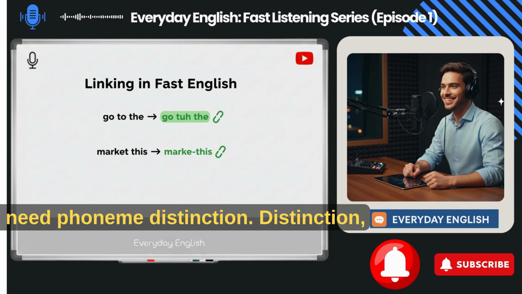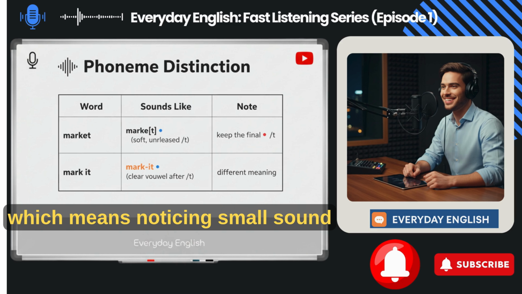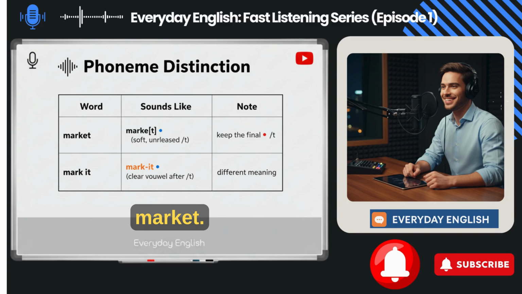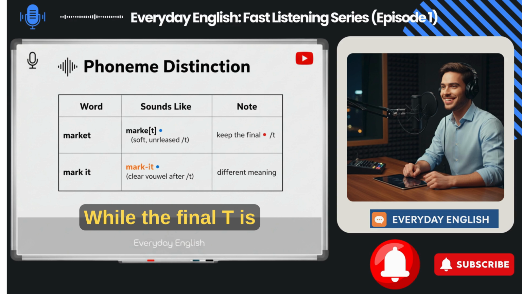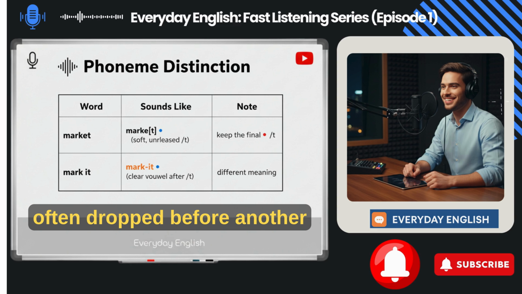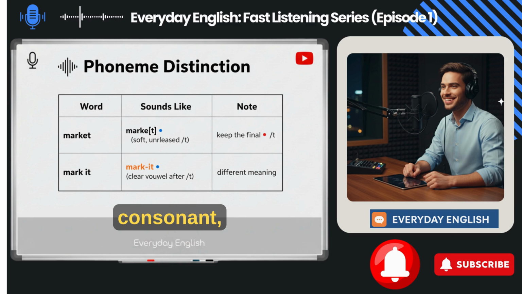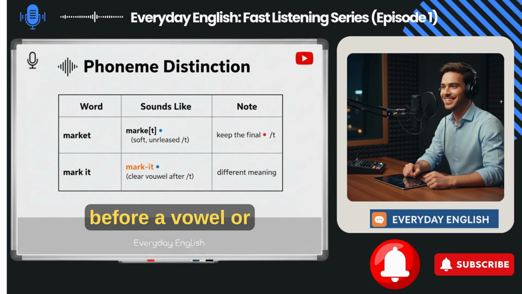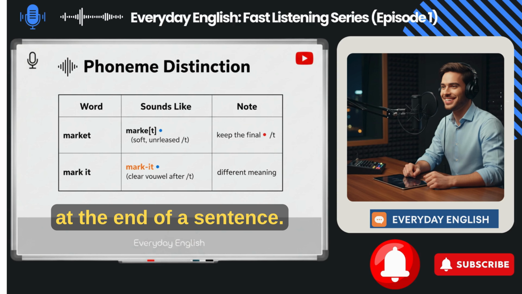Finally, we need phoneme distinction, which means noticing small sound differences. Look at the word market. While the final T is often dropped before another consonant, like in market this, it's treated differently before a vowel or at the end of a sentence.